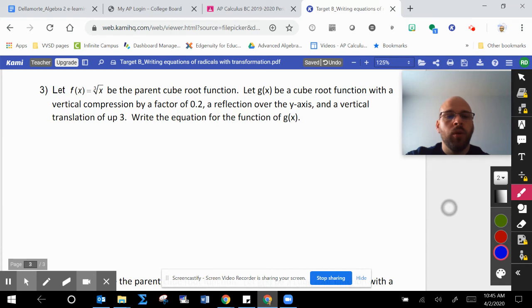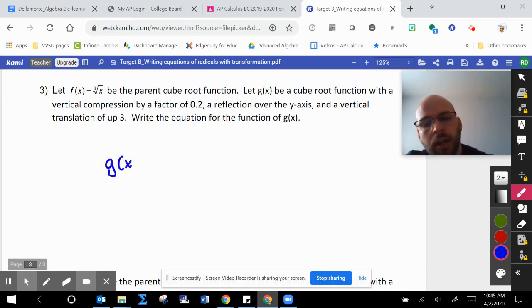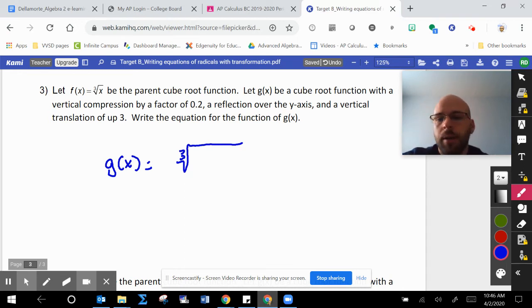For number 3 and 4, I'm going to be dealing with a cube root function, but we do everything the same. It doesn't change how we do transformations here. The only thing you have to remember is to start with the index of 3. So I have a cube root, and then I'm going to apply the same transformations that I did on the previous two problems.